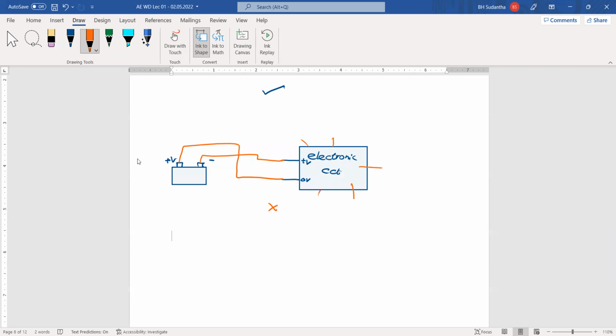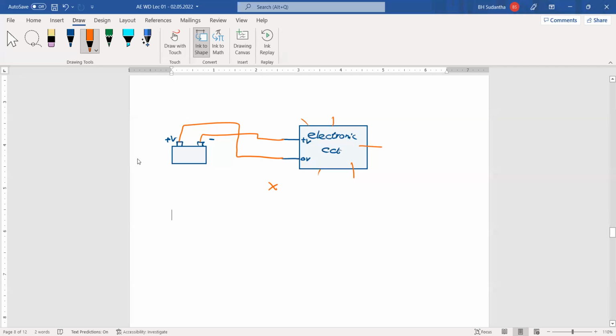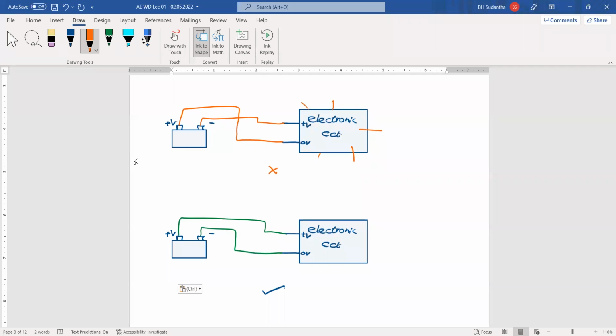Okay, then how can we find a solution using this one?